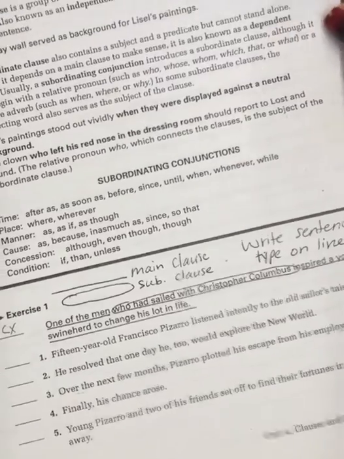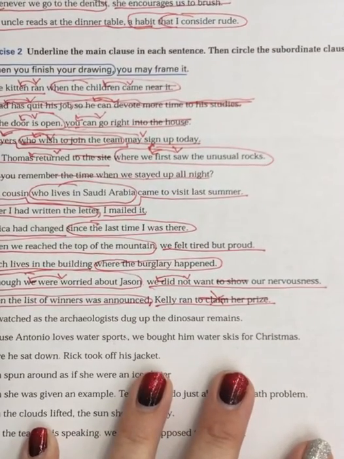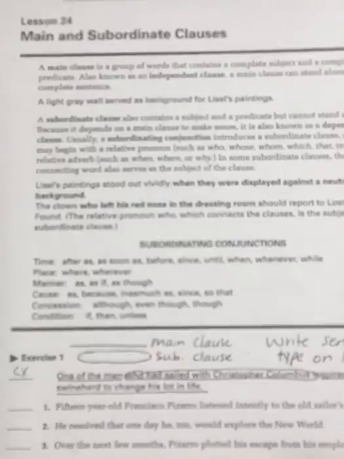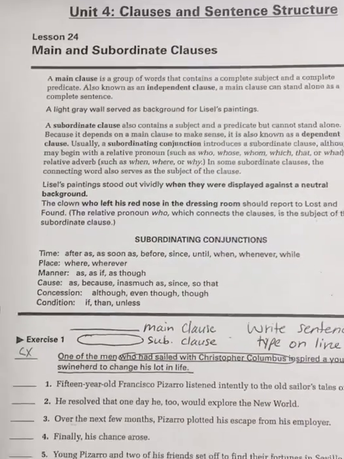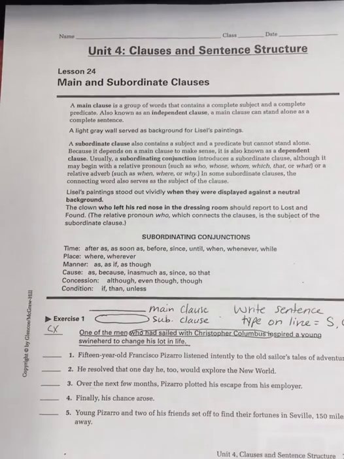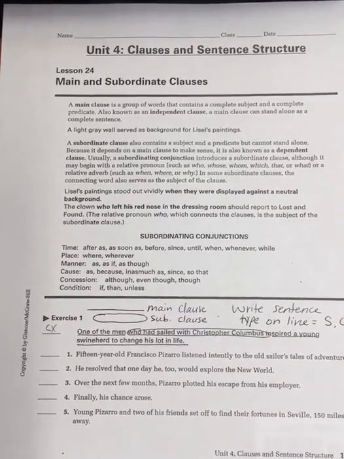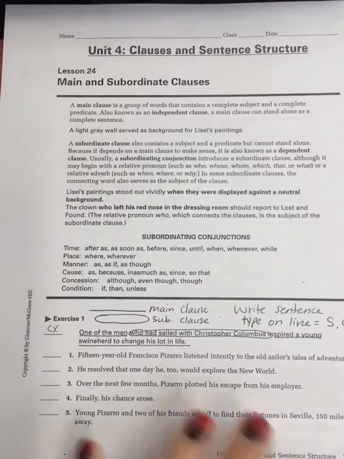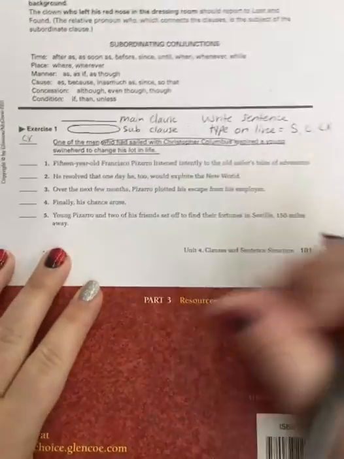On the worksheet we just practiced, every sentence was complex, right? We knew that going in. This one has some simple, some compound, and some complex. So this is adding a layer of knowledge to what we just practiced. So not only do you need to decide where the main and subordinate clauses are, you also have to determine what type of sentence it is.